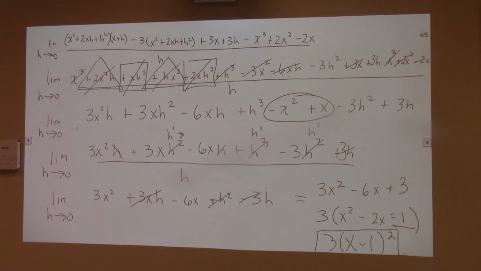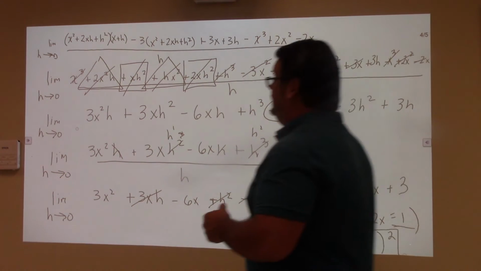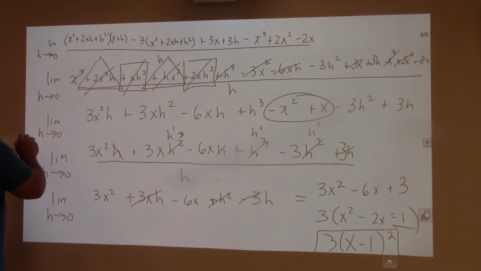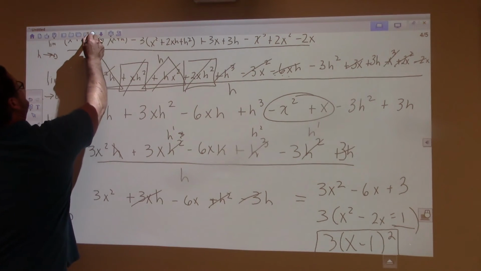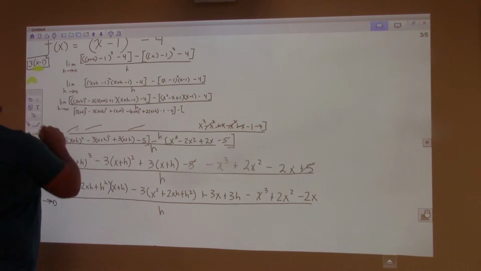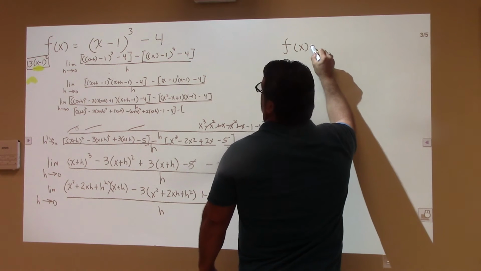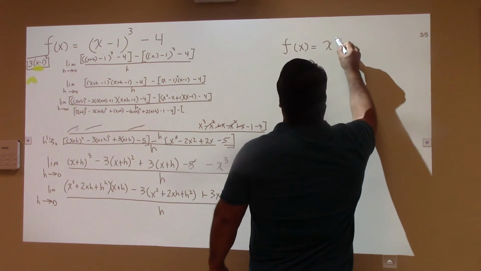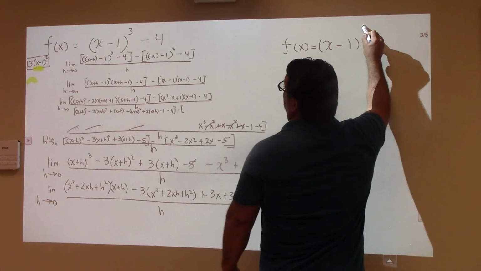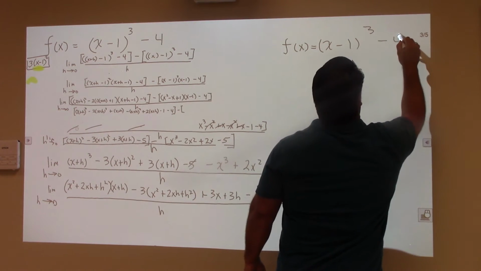Now, I think I've made my point that sometimes these things can get messy. Hairy, messy, yucky. So it's a whole lot easier to take your original problem right here. What was it? F of x is equal to x minus 1 cubed minus 4.